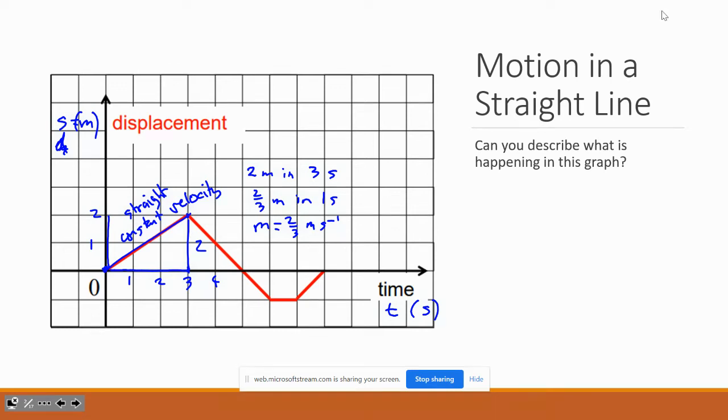With that in mind, the second part of the graph, we are traveling 3 meters in 3 seconds. So our gradient in this case, for every 3 to the right, we're going 3 down.